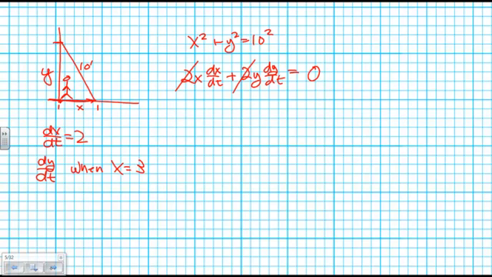All right? Now we're ready for plug and chug. x is 3. dx/dt is 2. y needs to be found. 9 plus y squared is equal to 100. y squared is equal to 91. y is equal to the square root of 91.